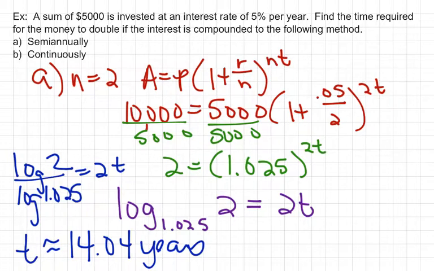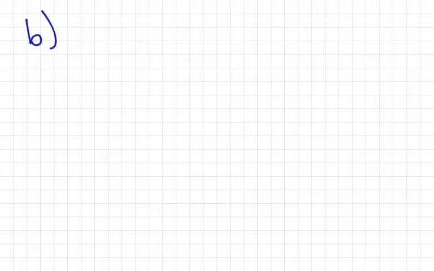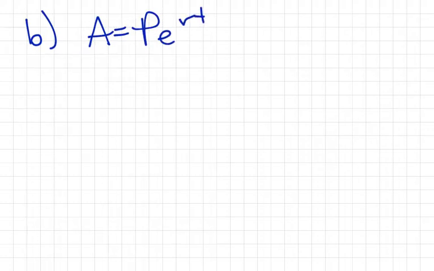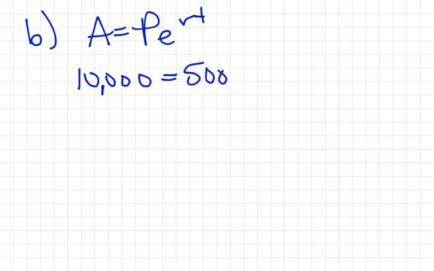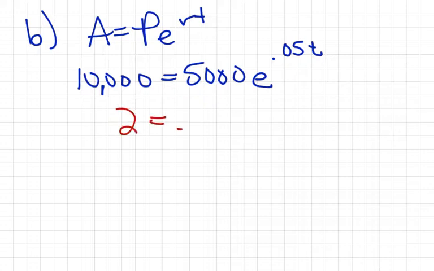Now let's do this again if we want to find continuous compounding. Remember, continuous compounding is the PERT formula. So I still want to double my money. So I want $10,000 if I start with $5,000. And my rate is still 5%. In order to solve this problem, first I'm going to divide by 5,000, and I get 2.